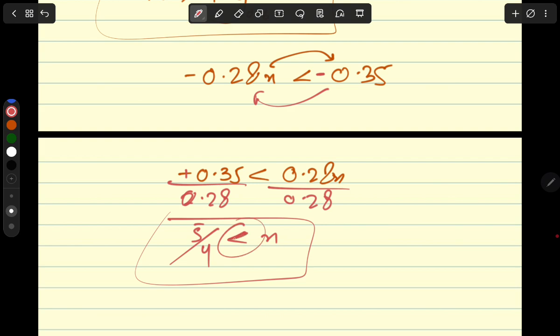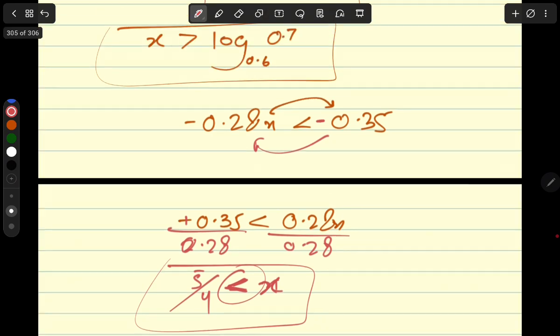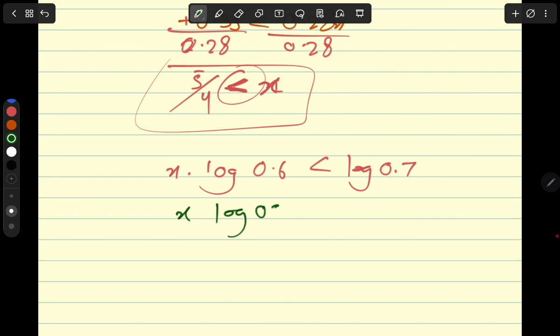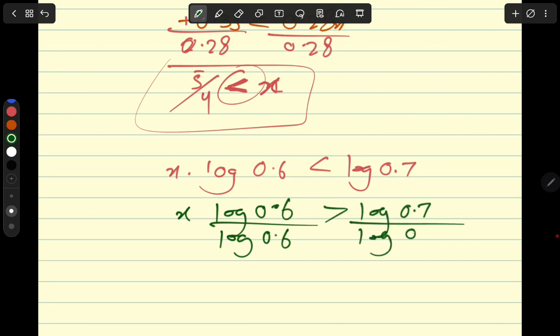See, although this sign still looks like that, now x is greater than. Here x was supposed to be less than, but since we are dividing both the sides by a negative, we flip the sign over, right? So if you are given x times log of 0.6 is less than log of 0.7, and log of 0.6 is a negative, you divide by log of 0.6, flip the sign over and write down log of 0.7 upon log of 0.6.